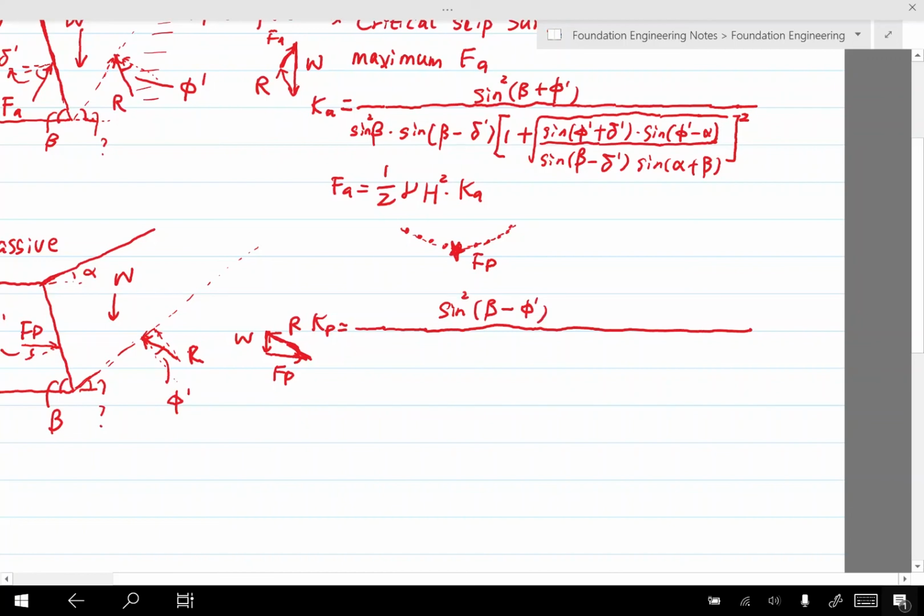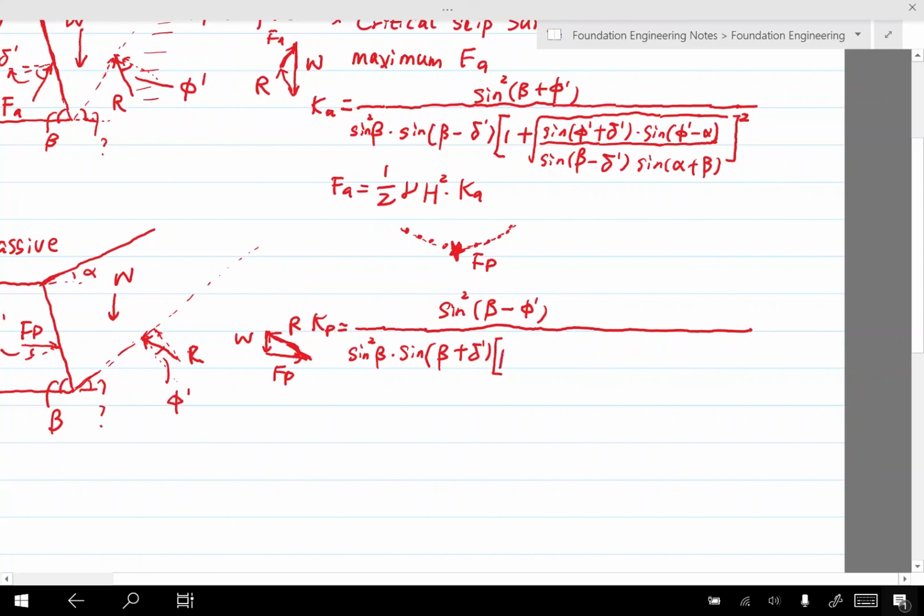In the denominator, first is also sine beta squared times sine, now it's beta plus delta prime, not a minus anymore. And we have another long component inside a pair of brackets.